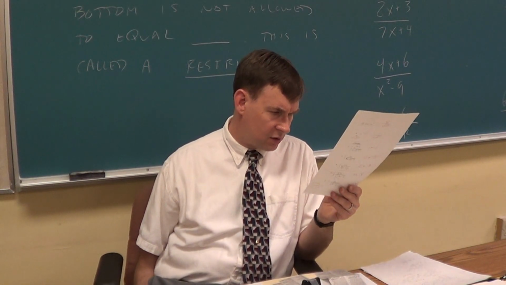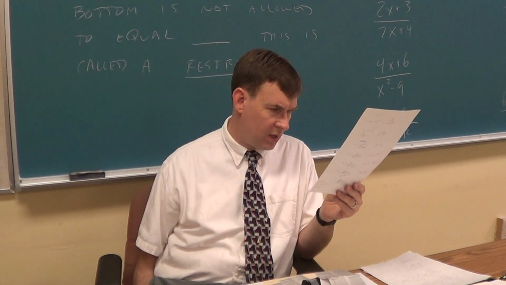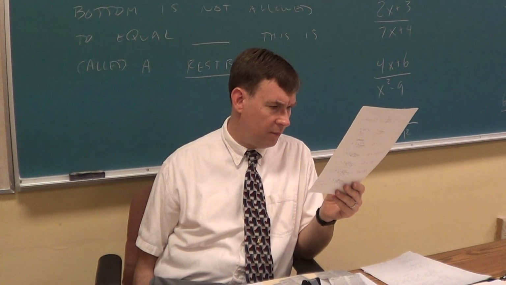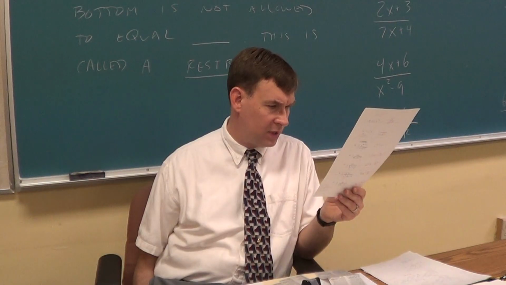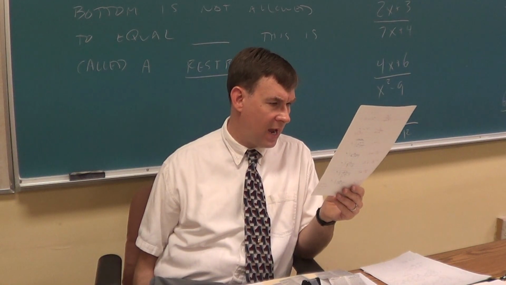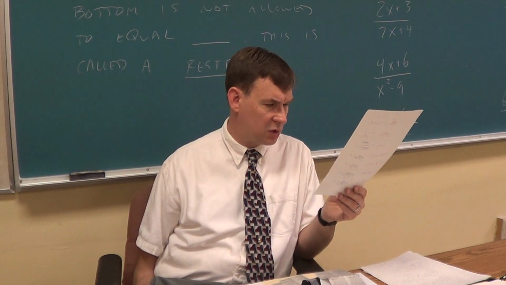37, best answer has a negative 20 on top, an x on the bottom, and then under a root, an x to the 8th minus 25. But to get there, you either had to manipulate fractions or you had to manipulate negative exponents.